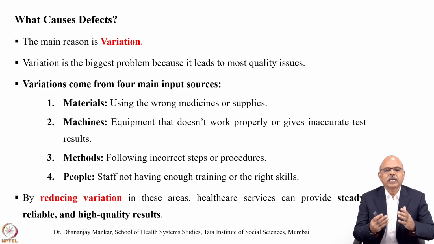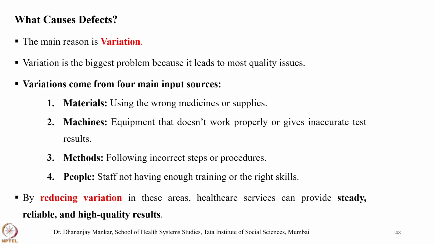Methods: following incorrect steps or procedures. And lastly people: the hospital staff not having enough training or the right skills. So materials, machines, methods and people are the four main input sources. By reducing variations in these areas, healthcare services can provide steady, reliable and high quality results.